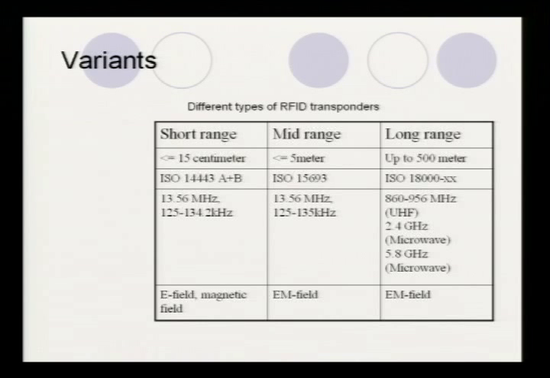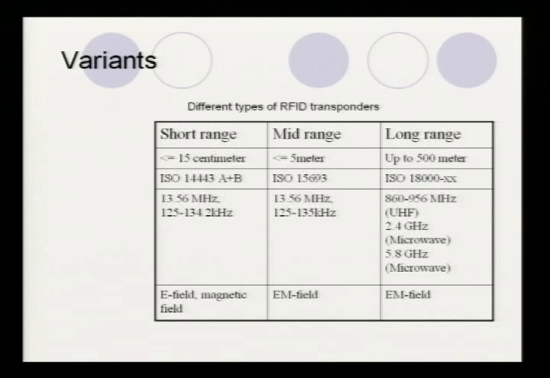For our work, we are working on standardized RFID, like ISO 14443 A and B, like mid-range, short range, and long range, and I've divided the RFID classes by reading distance. There's the 13.56 megahertz and the 125 to 134 kilohertz.